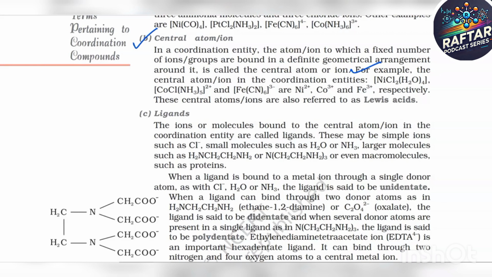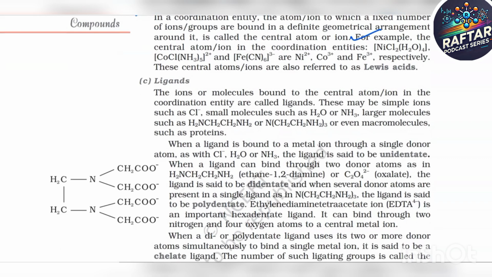These central atoms or ions are also referred to as Lewis acids. C. Ligands. The ions or molecules bound to the central atom or ion in the coordination entity are called ligands.